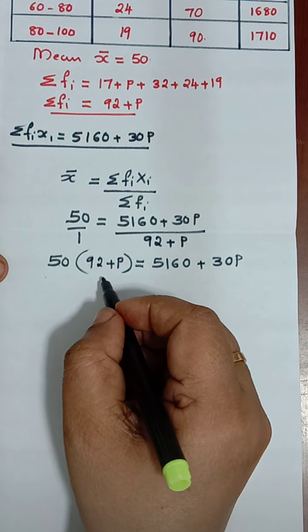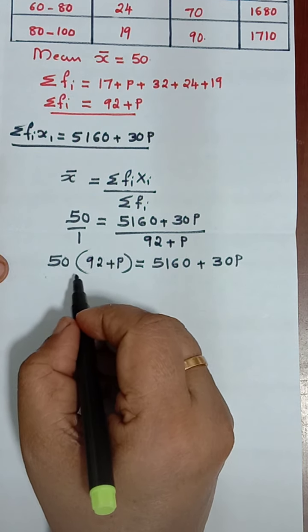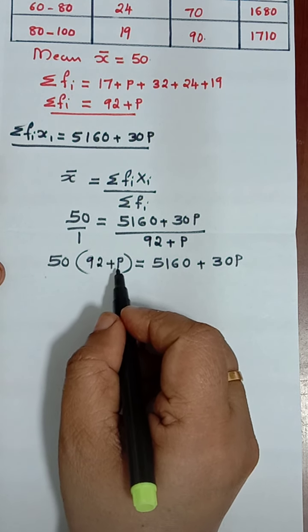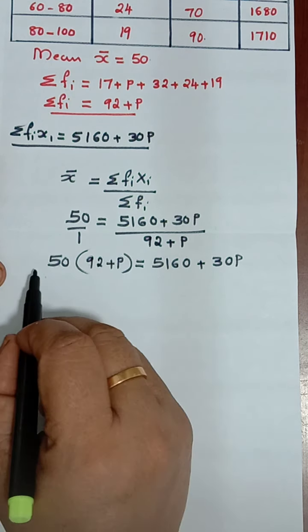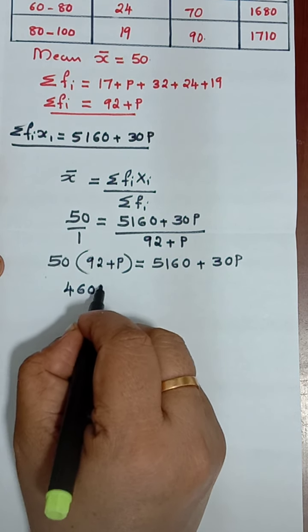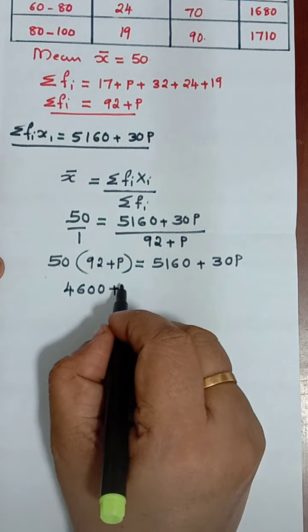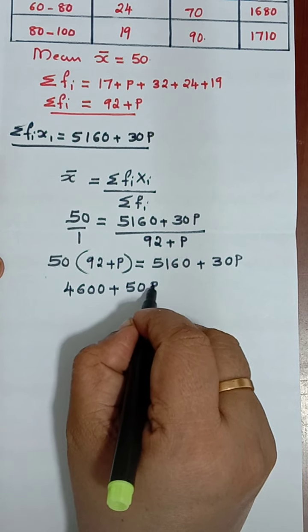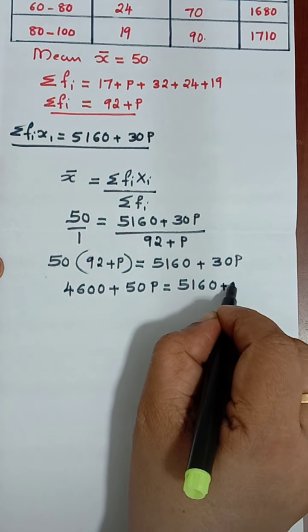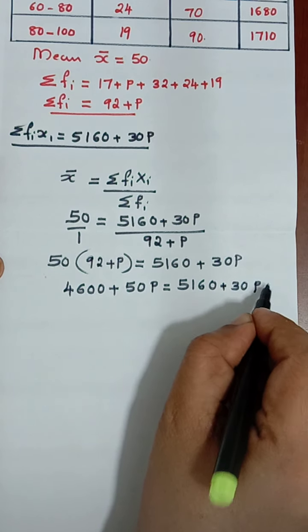Now we are going to open the bracket: 50 into 92 plus 50 into P. So 50 into 92 will become 4600 plus 50P, equal to 5160 plus 30P.